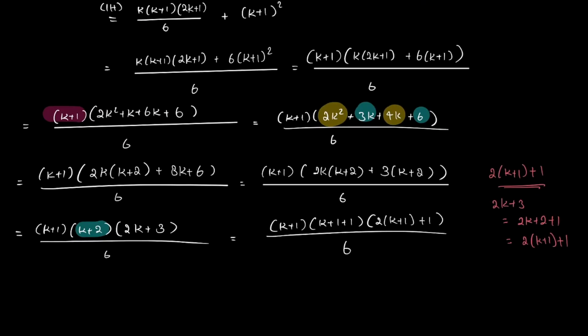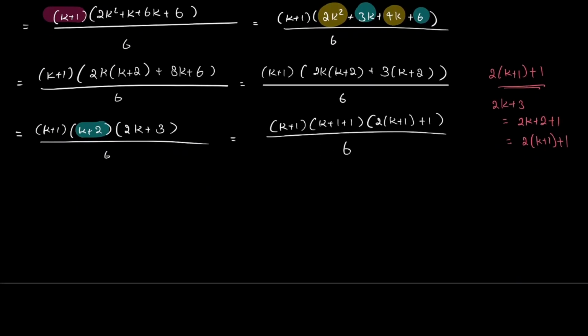So we're going to write a mini summary for our inductive step. So the claim holds for n equals k plus 1. And we're basically done. We just need to write a conclusion.